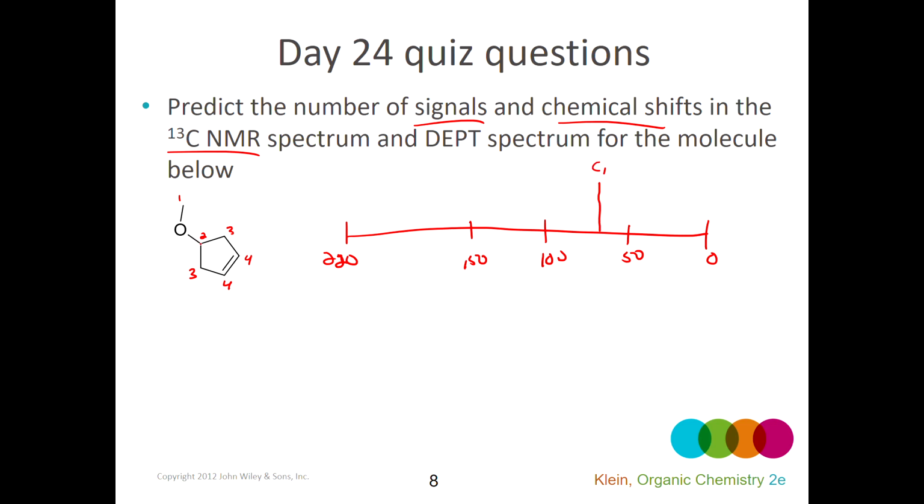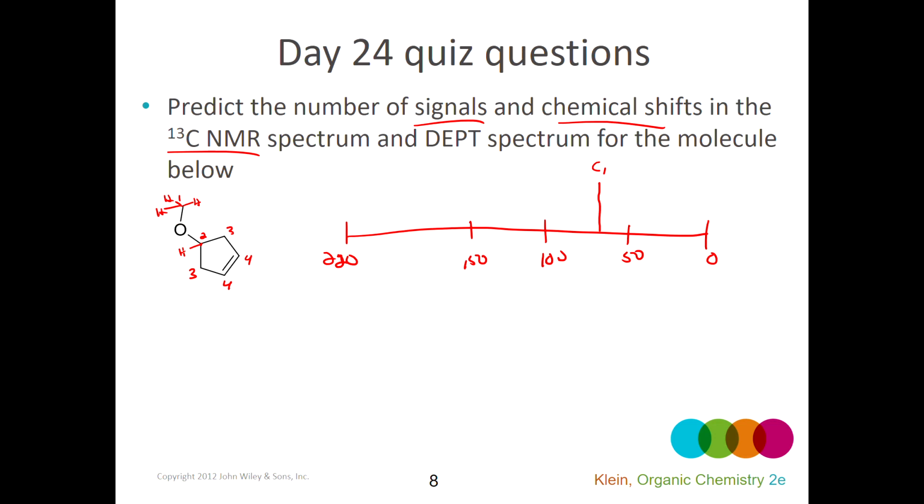Carbon 2, also directly bonded to an oxygen, but similar to how we said in the proton NMR, when a carbon has fewer hydrogens and more carbons, it's going to be a little bit further downfield than when it has lots of hydrogens, right? We said in the proton NMR here, we expect these hydrogens to be around 0.9, but then shifted due to their proximity to the oxygen.